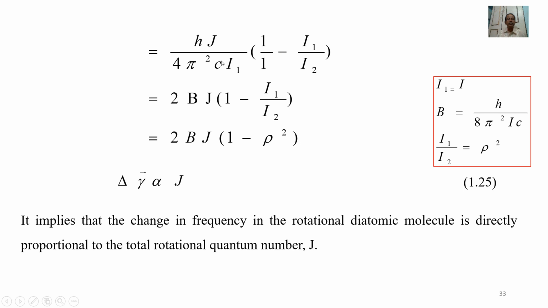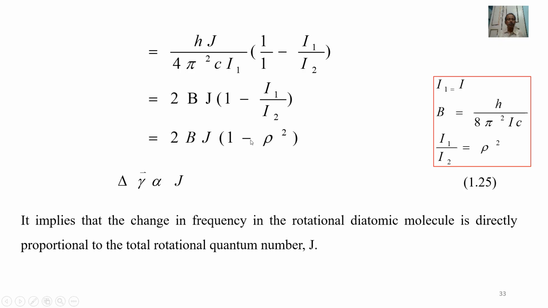But we know that already B equals h divided by 8 pi squared Ic. So this can be written as 2B, because we can write 8 as 2 times 4. So we can write this as 2BJ times 1 minus I1 by I2. I1 divided by I2 is nothing but rho squared.